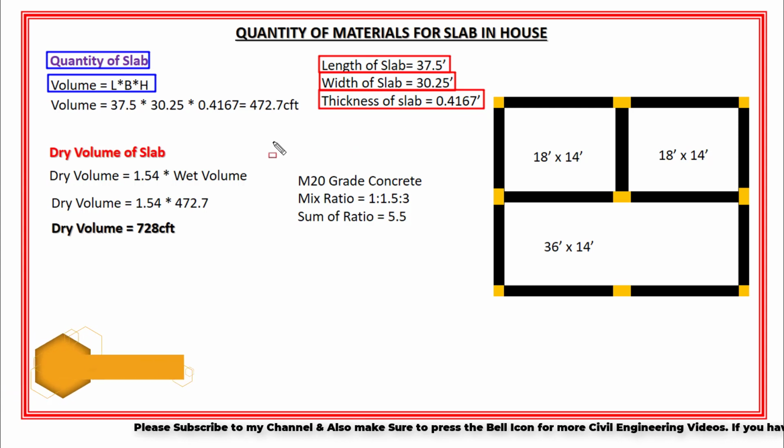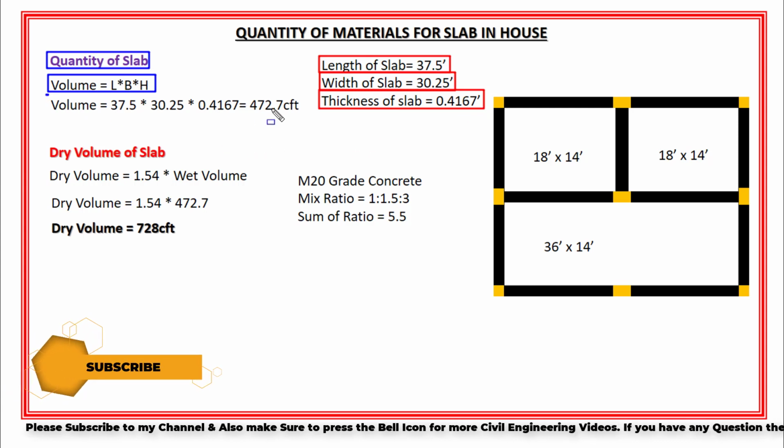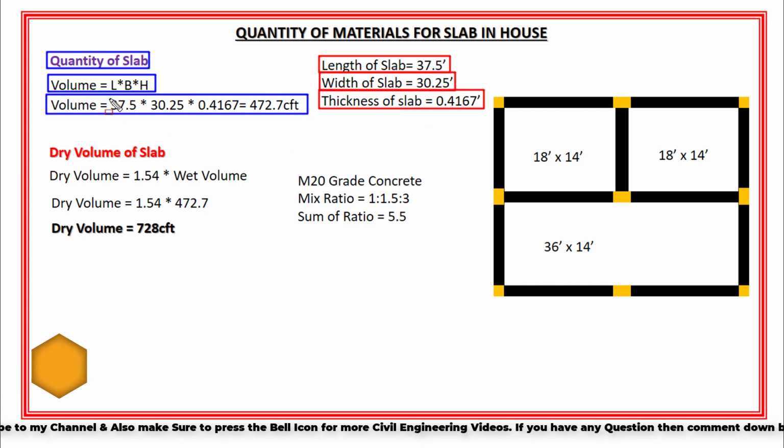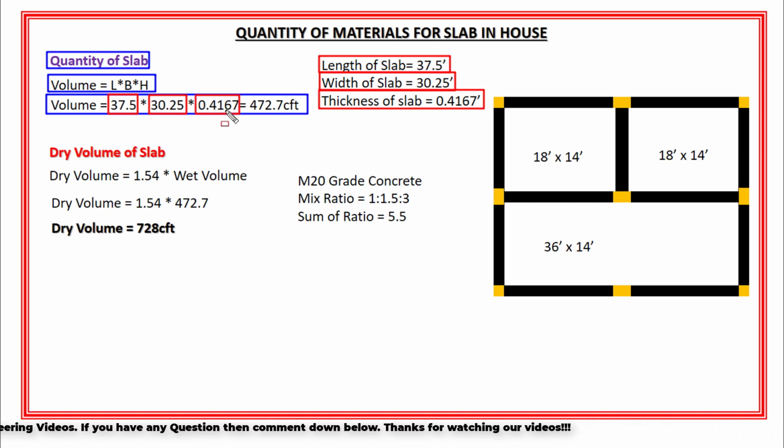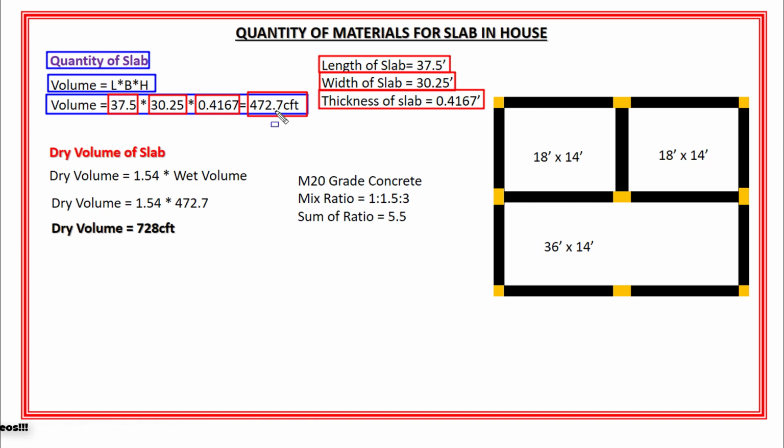Okay, so the total volume for slab is equal to 37.5 feet multiplied by 30.25 feet multiplied by 0.4167 feet, and the total volume of slab will become 472.7 cubic feet. Okay, now this 472.7 cubic feet is basically the total wet volume of this slab, right?